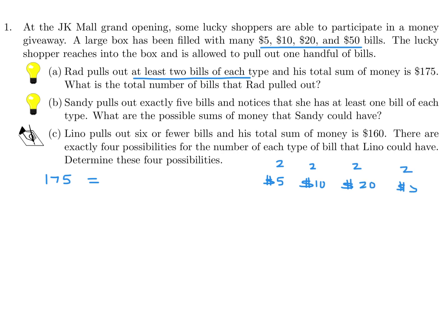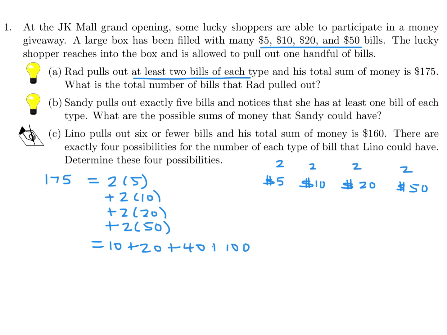So that actually tells me that he has 2 times 5 plus 2 times 10 plus 2 times 20 plus 2 times 50, right? So this is equivalent to 10 plus 20 plus 40 plus 100. So that's $170.